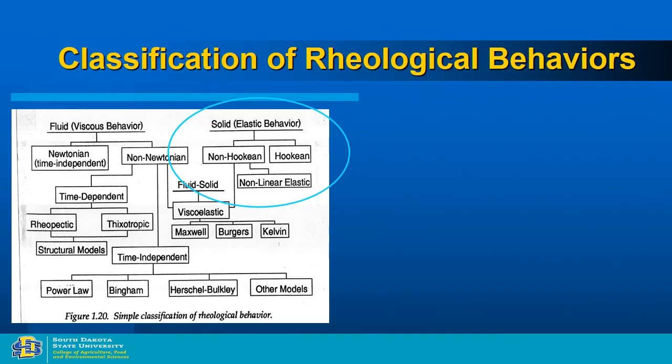So when you look at the solid elastic behavior, some of the material can be Hookean material, some of the material can be non-Hookean material. Within the non-Hookean material, some of the things can be non-linear elastic. So we are going to discuss it one by one now.